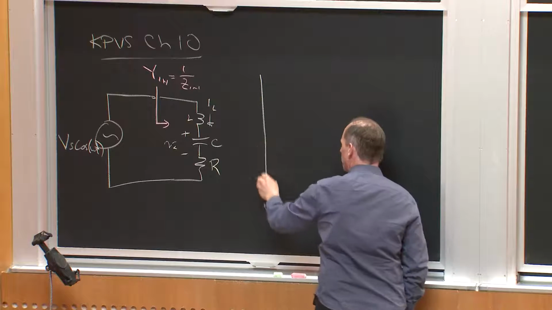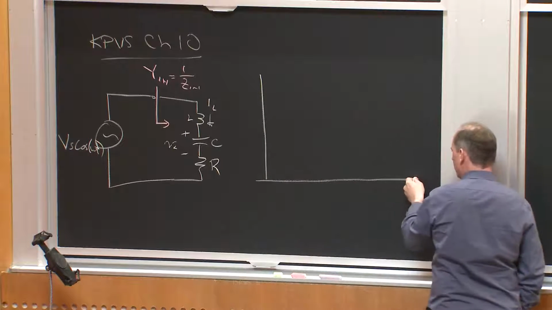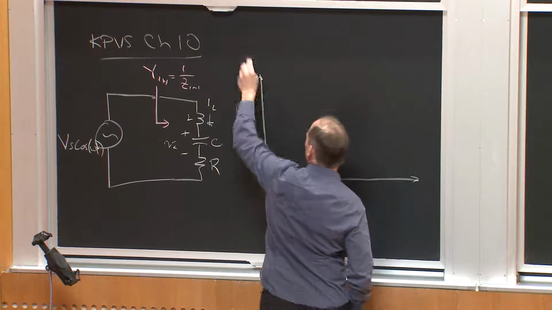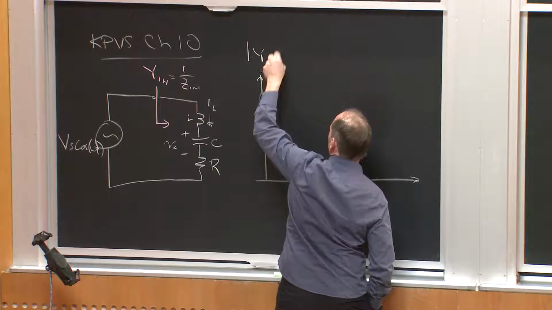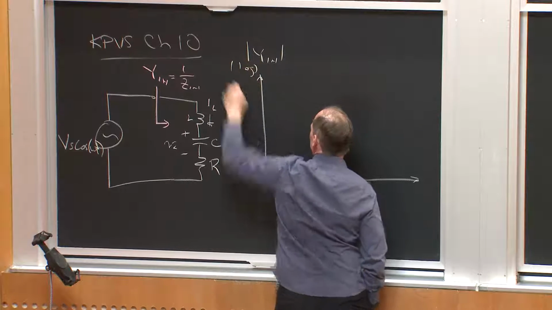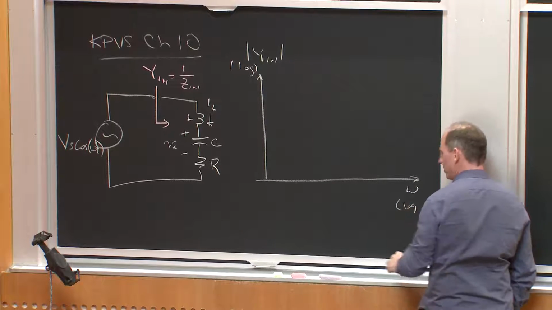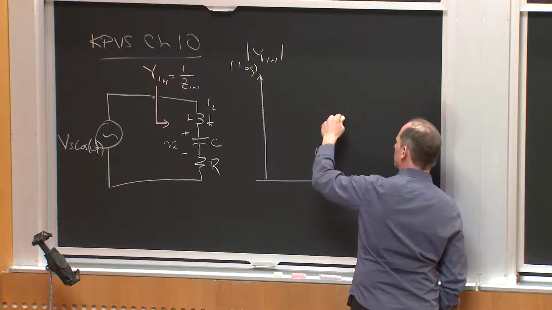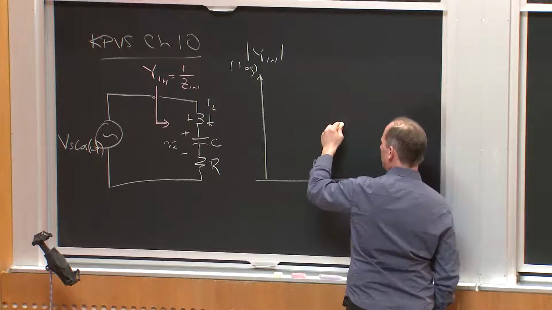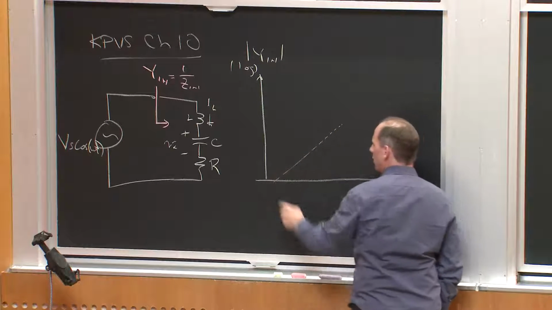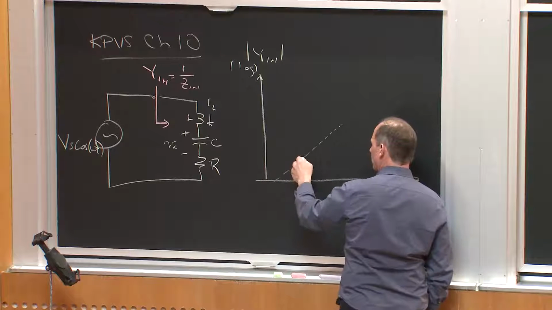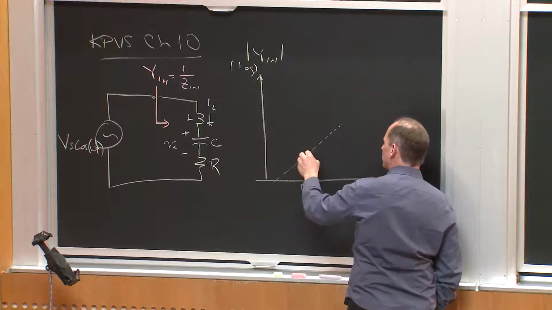If I plotted the magnitude of the admittance on a log scale versus frequency on a log scale, we said, okay, at low frequencies, the admittance is dominated by the capacitor, right?